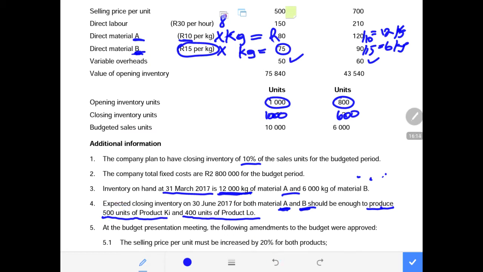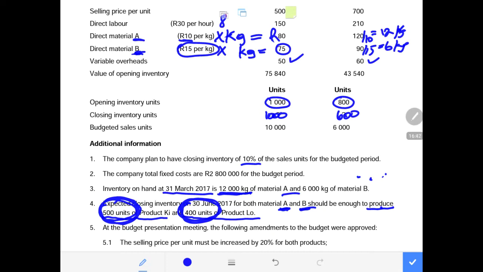Now that means, in other words, we need to know how many kgs are required to produce 500 units, and we need to know how many kgs are required to complete 400 units. Now we need to know it in kgs, but we are provided the units. That means, in other words, we need to know how many kgs are required to complete 1 unit.